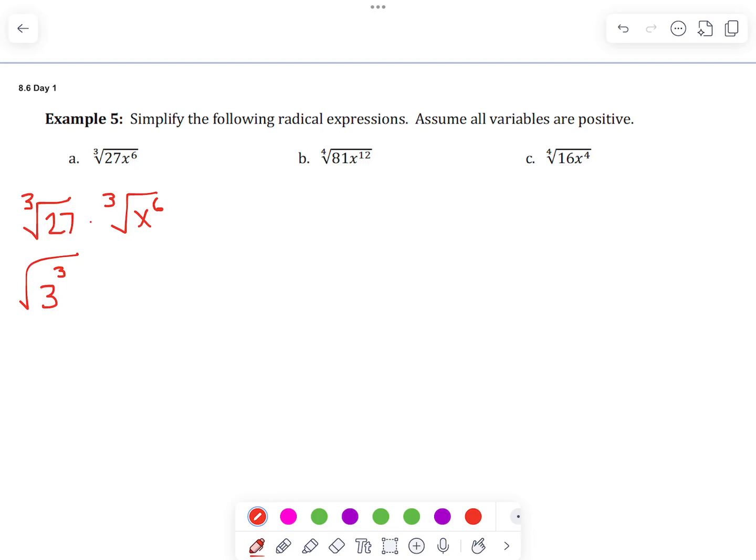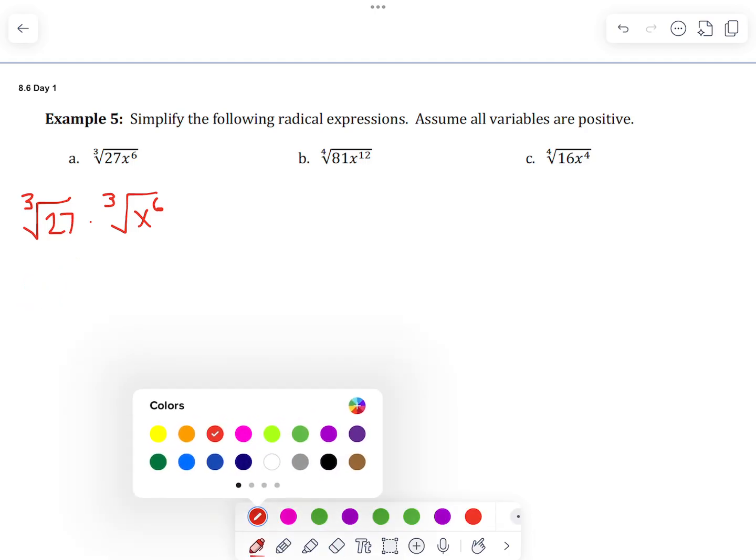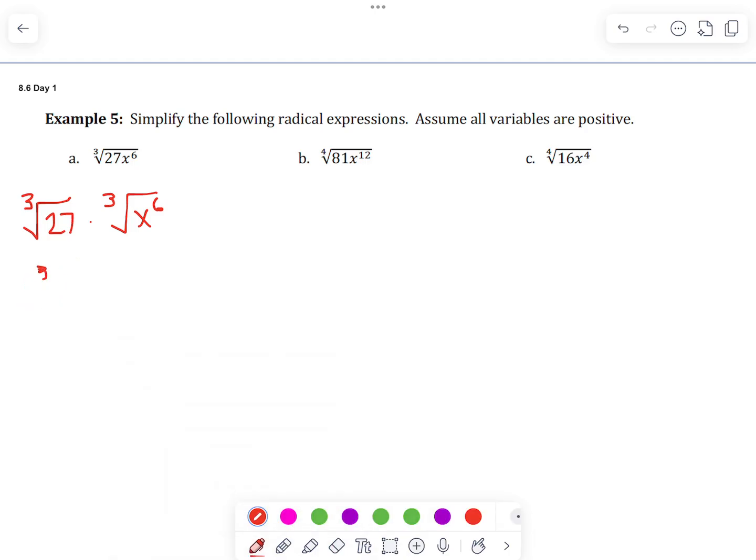That should be a little 3 here. My index is not showing up here, so I'll move it over a little bit. And I'm going to rewrite x to the 6th as x to the 3rd power squared.